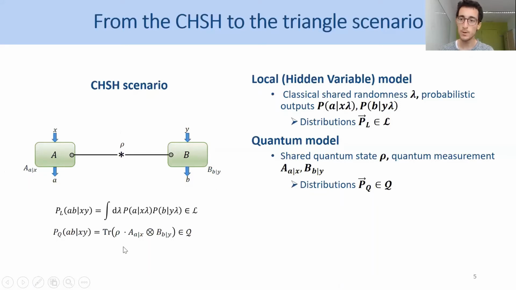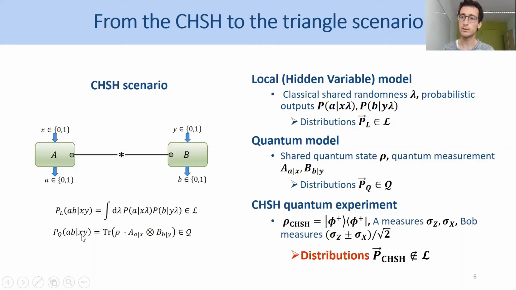And again, there is a formula to give the probability of A, B knowing X, Y. And the main result of Bell non-locality is that there exists an experiment, which is the CHSH experiment, in which you have this state and those measurements, where when we look at the probability of A, B knowing X, Y, we obtain a very special probability distribution I call PCHSH, which is of course quantum, but which is non-local. So there is no classical way to simulate this quantum probability distribution.